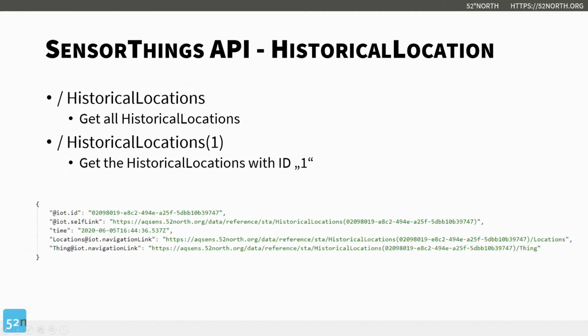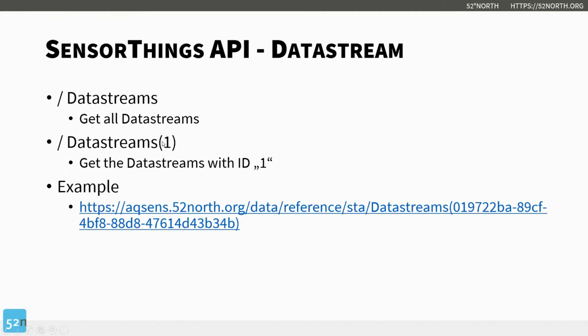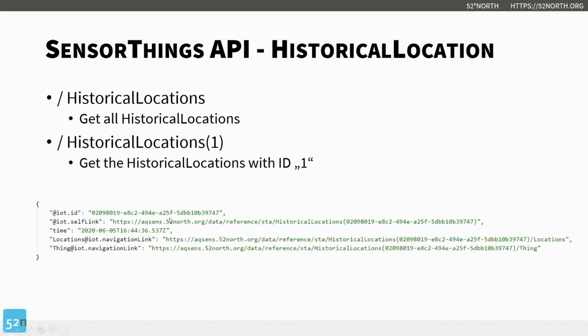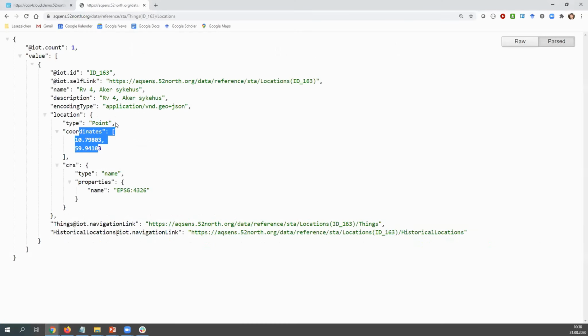The historical location is then that we would like to see all locations where the thing has been in the past. Let's try this one also in the browser.